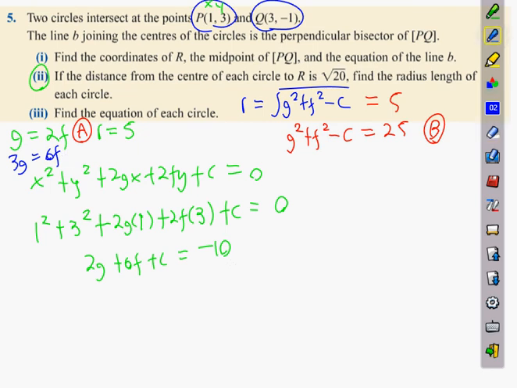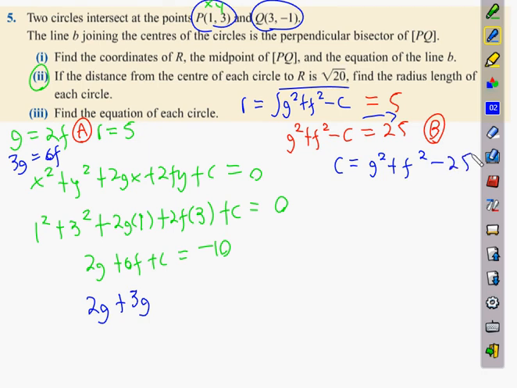So I'm going to get 2g plus 3g, and what I'm going to say is that c equals g squared plus f squared minus 25.